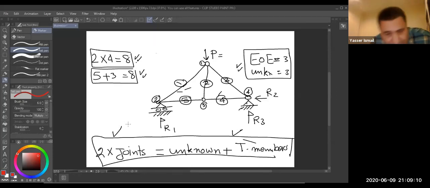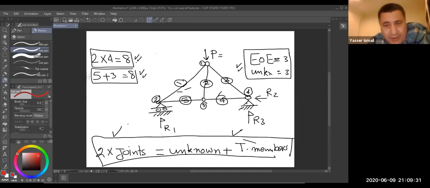If 2 multiply total number of joints is equal to unknowns plus total number of members, this means what? This truss is stable.